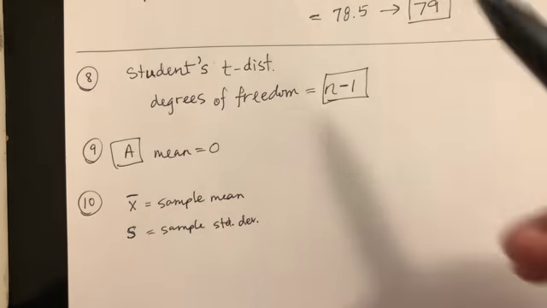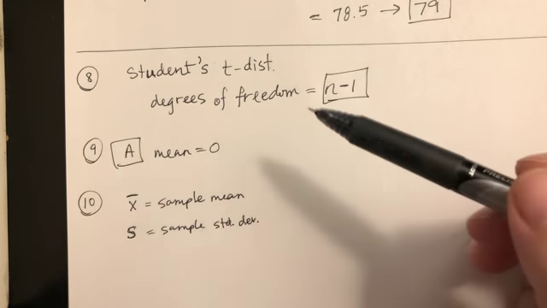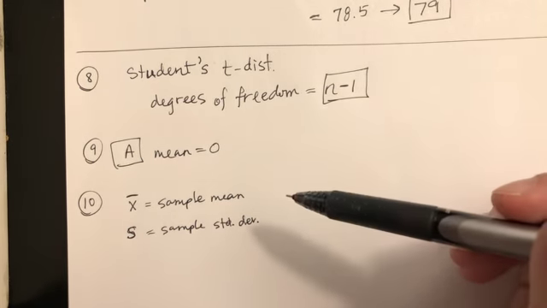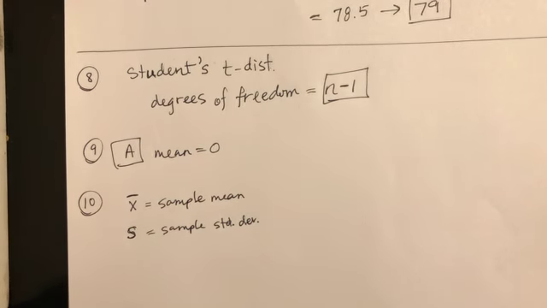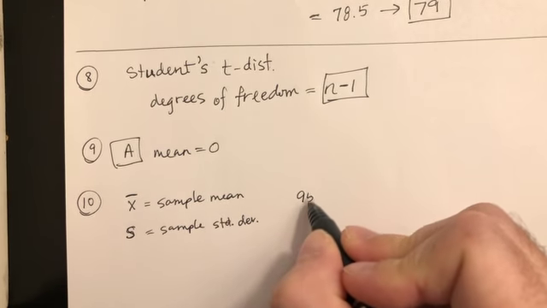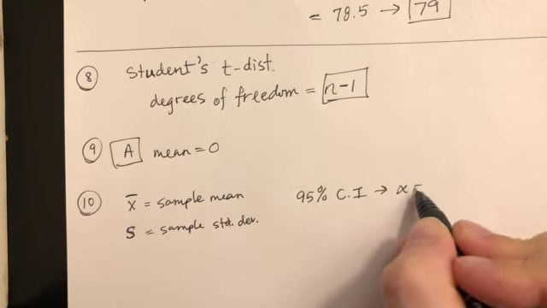Before, we were dealing with confidence intervals using a z-score, with proportions. Here we're trying to estimate the mean, so we use the student's t-distribution. So a 95% confidence interval means that my alpha is 0.05.